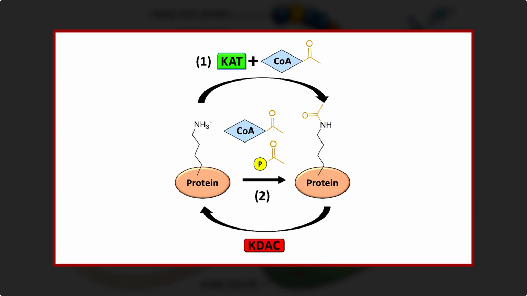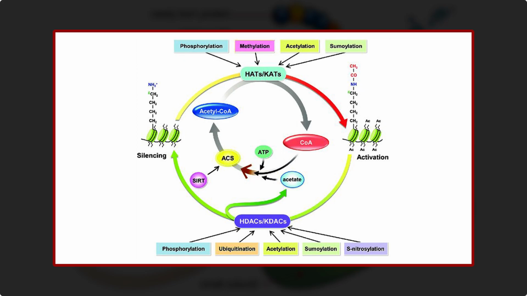Acetylation is catalyzed via lysine acetyltransferase, that's KAT, and histone acetyltransferase, that is HAT enzymes. Acetyltransferases use acetyl-CoA as a cofactor for adding an acetyl group to the alpha amino group of lysine side chains, whereas deacetylases or HDACs remove an acetyl group on lysine side chains.